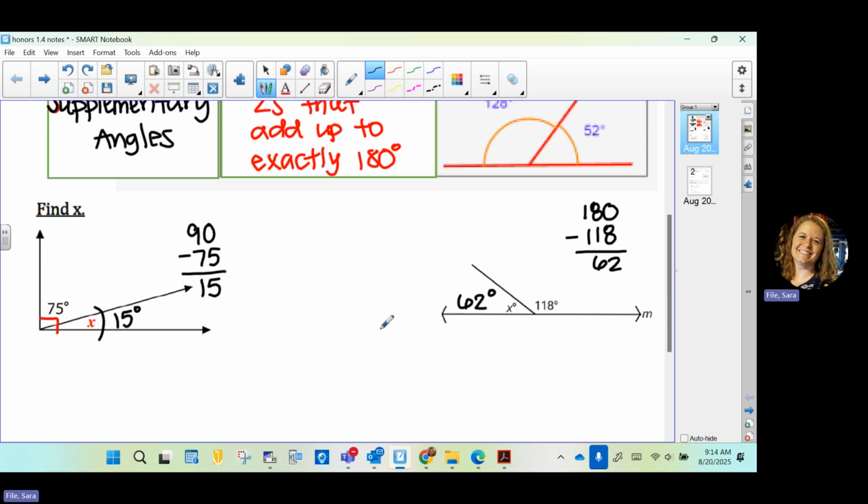Okay. So again, I think I mentioned this yesterday, but I'm going to say it again because it is true for a lot of things this year. The math in geometry, the actual calculations that you do, they're not hard. This is subtraction, right? The calculations are not difficult, okay?